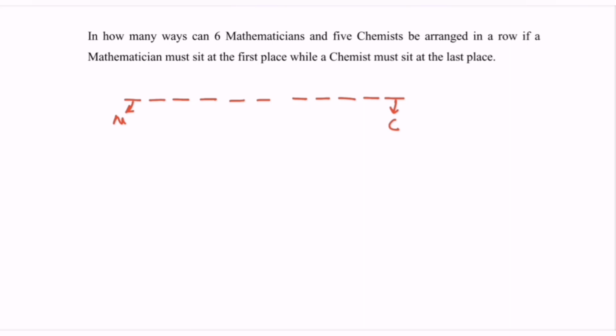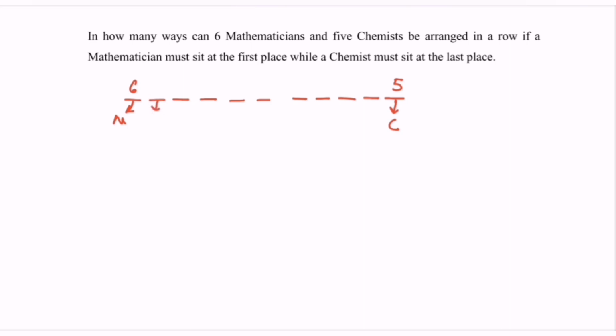So how many possible situations can we have? In the first place we have 6 possibilities because we have 6 mathematicians, and at the last place we have 5 because we have 5 chemists. The 5 and 6 don't mean we are going to sit all of them there; it means that only one of them will sit at the back and one at the first place.